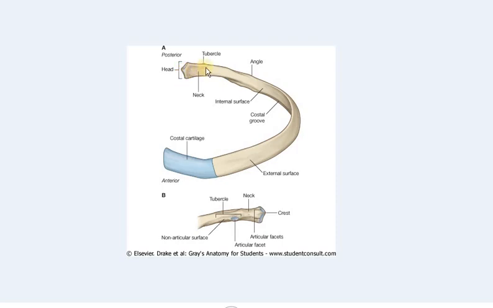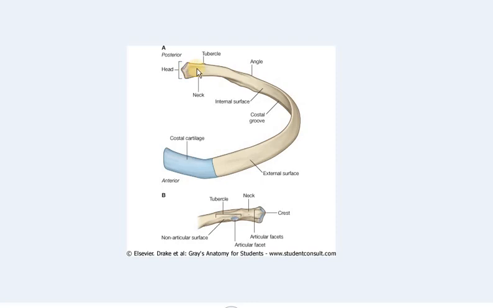Means if this is a 4th typical rib, then the upper articular surface articulates with the 3rd thoracic vertebra, and this lower articular surface will articulate with the 4th thoracic vertebra.